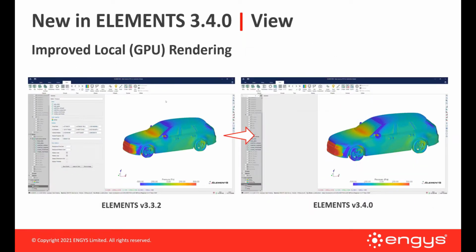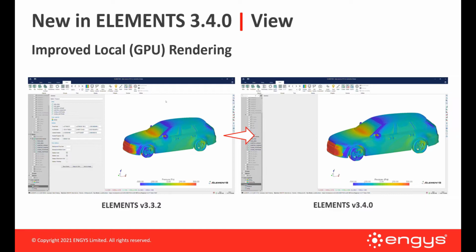Moving to the next set of components in the graphical user interface, we find the View tab. And the next couple of slides summarize the changes that we have introduced in 3.4.0 to improve the 3D display and the visualization in the GUI. The first one is related to what we call local GPU rendering.